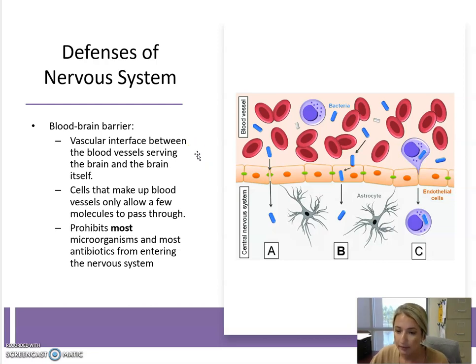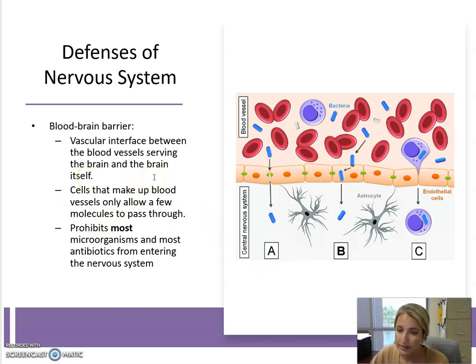However, the blood vessels that are found in the brain have very tight junctions between the endothelial cells, which make it very difficult for something to diapedese from a blood vessel within the brain tissue into the actual brain tissue. That difficulty is known as the blood-brain barrier.